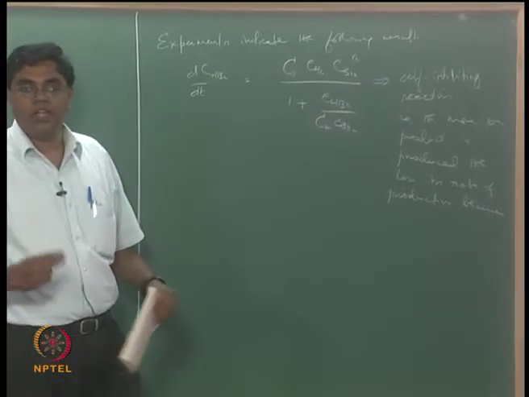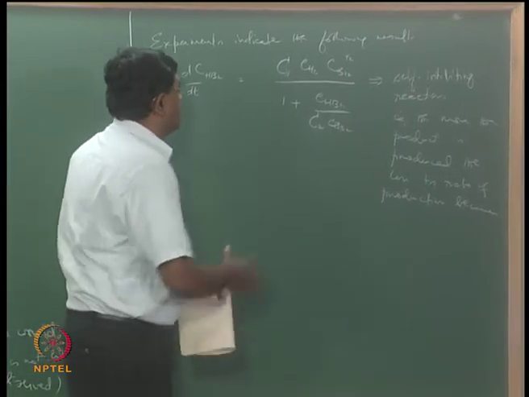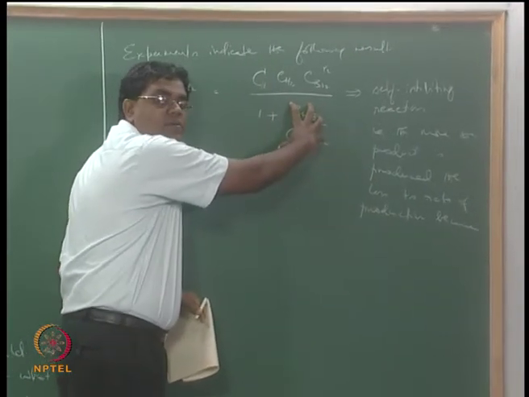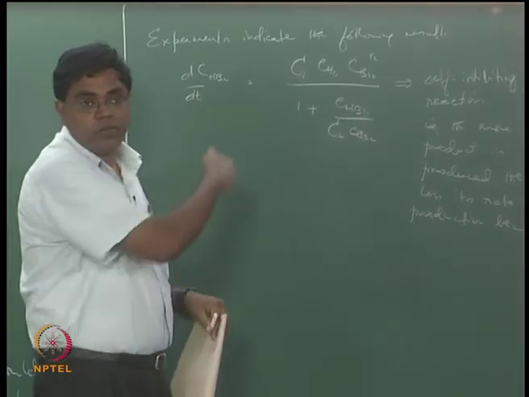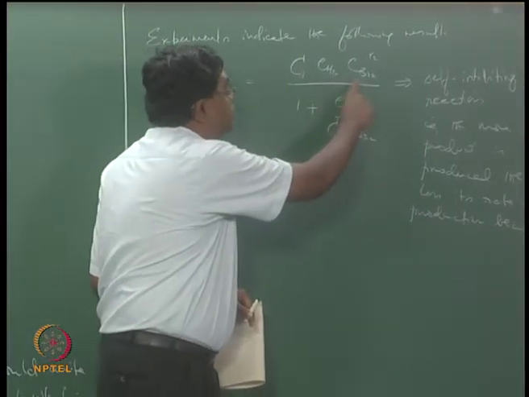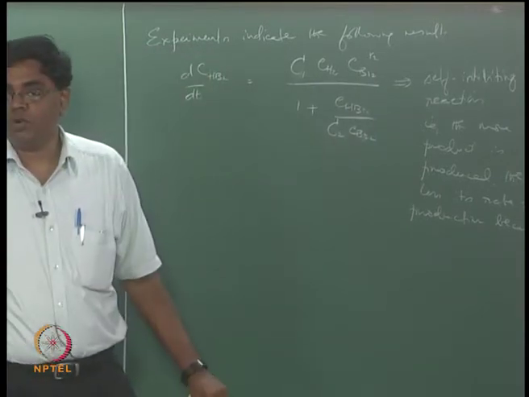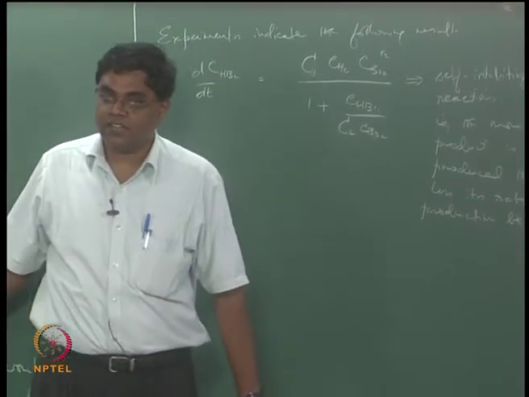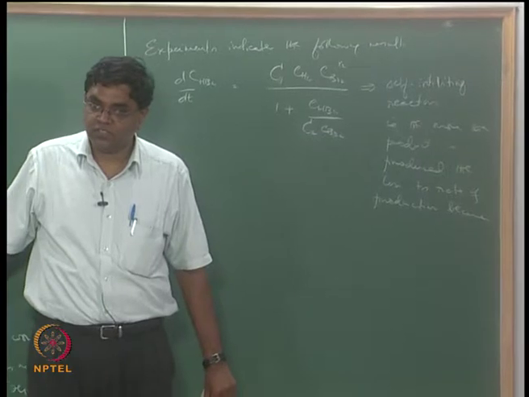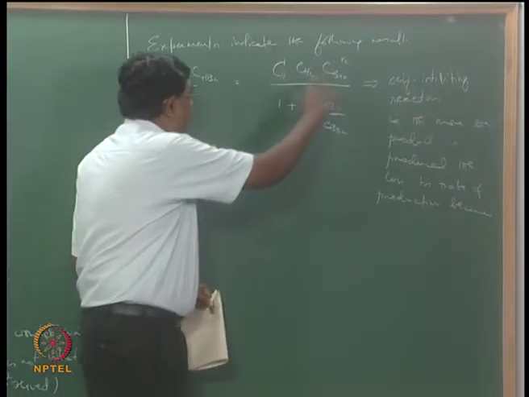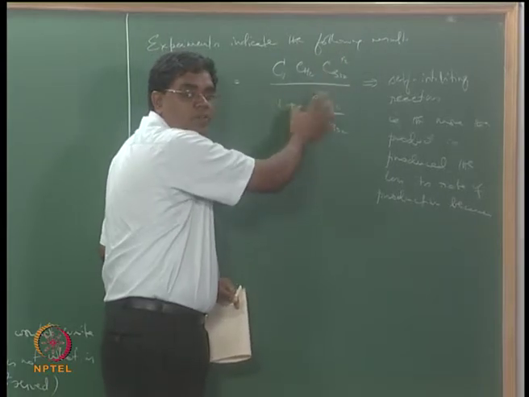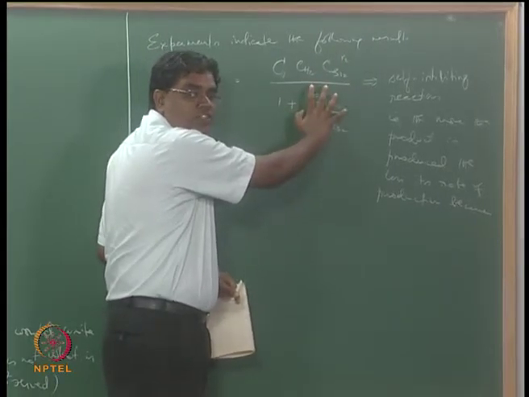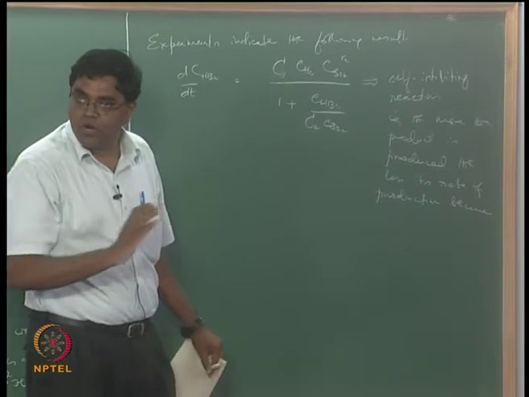The other possibility that I didn't talk about is, what if this entire term were much less than 1? Then you still have the rate of production depending upon the concentration of bromine to the half, which is not what the global reaction says. So you have a half or 3 halves depending upon whether this is much greater than 1 or much less than 1. That's the overall dependence.